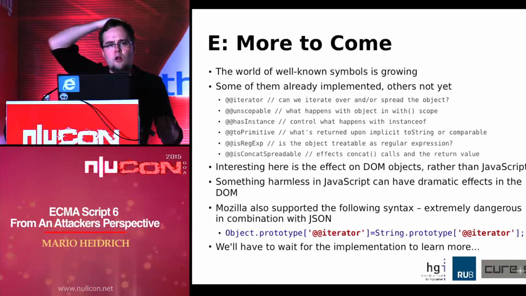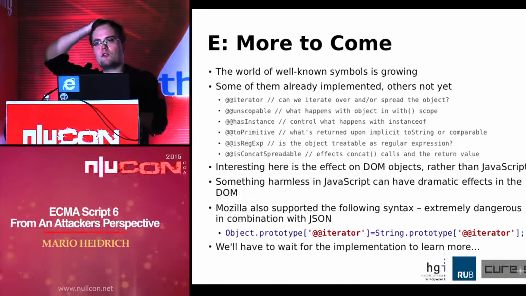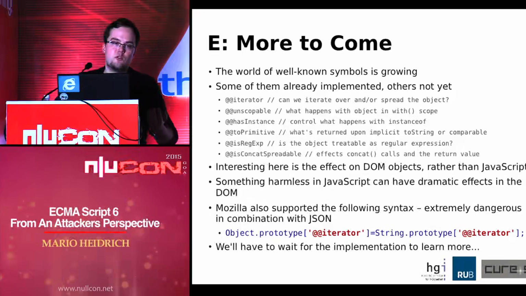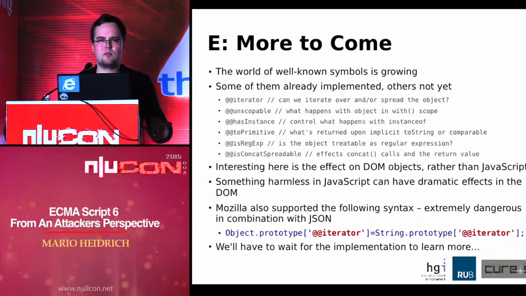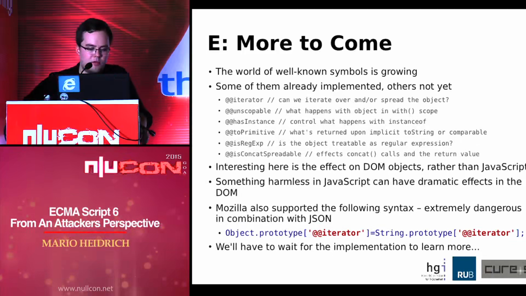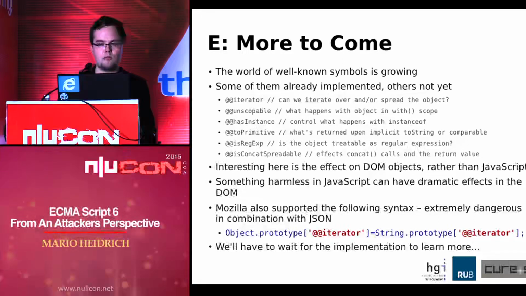While this is all not a huge problem in JavaScript, it starts to become a problem once you have JavaScript and the DOM, because in the DOM you have magic and critical properties, and in combination with those functionalities, security vulnerabilities might arise. But we cannot really play with this too much for now, because only Chrome supports most of the symbols that are supposed to be available. IE doesn't yet. Firefox, I think, supports the iterator, but none of the others yet, so we still have to wait for support and see what's going to happen.